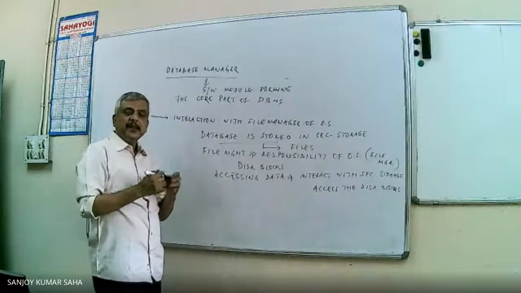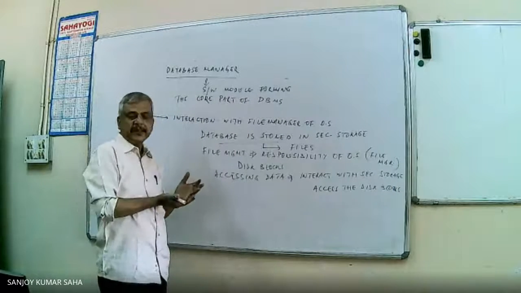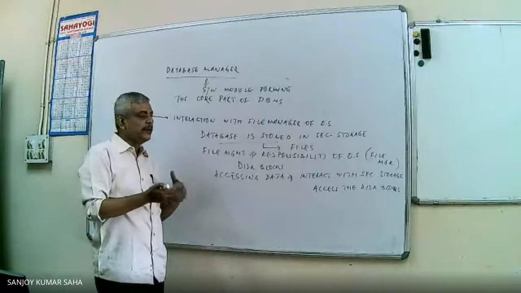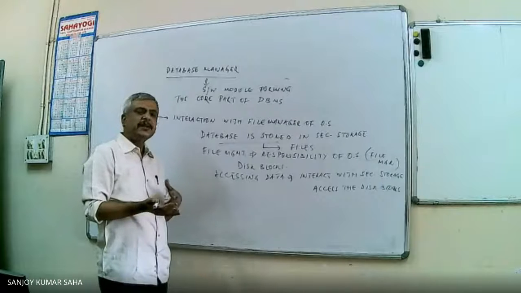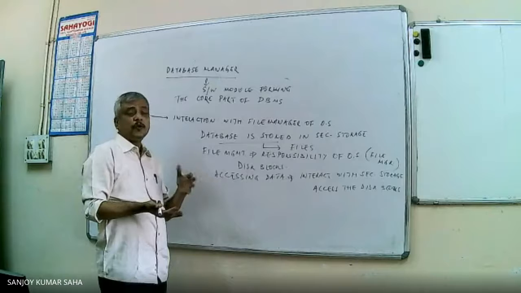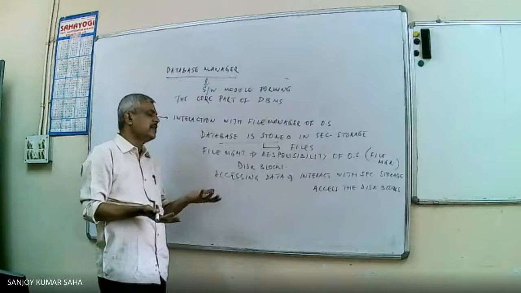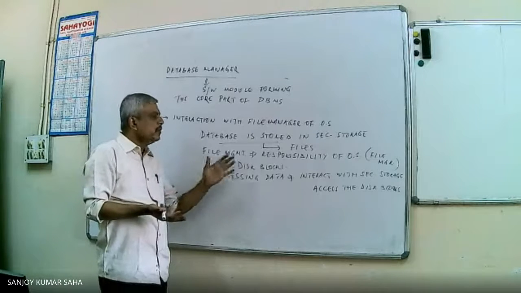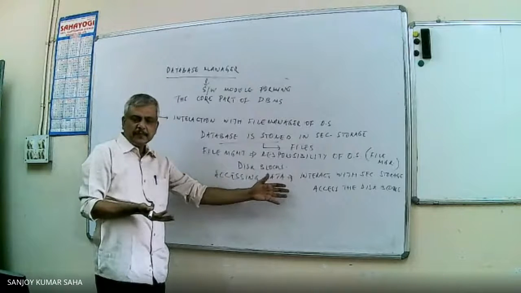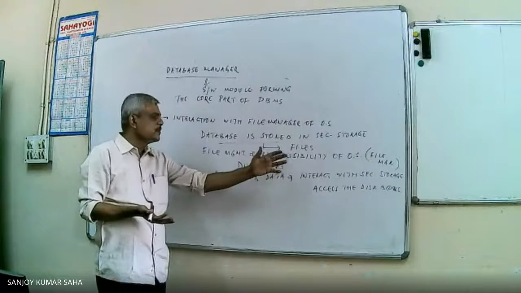If no free buffer is available, what will be the policies that you have studied in operating system also? Maybe some part was also discussed in the computer organization training. So secondary storage management and file management are the responsibility of the operating system.